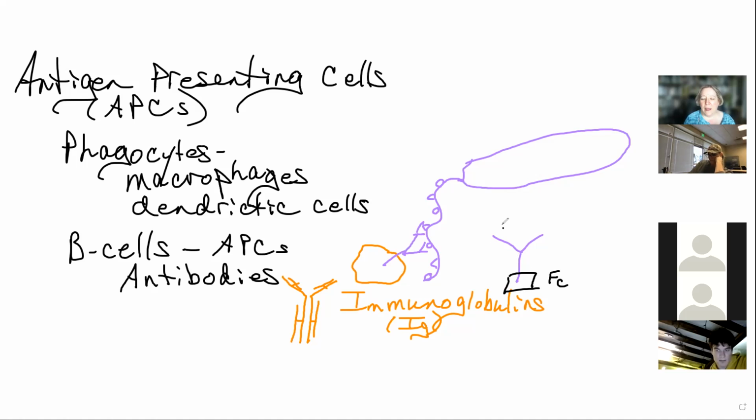Now, on the tips of the Y, this is called the variable region or the Fab.